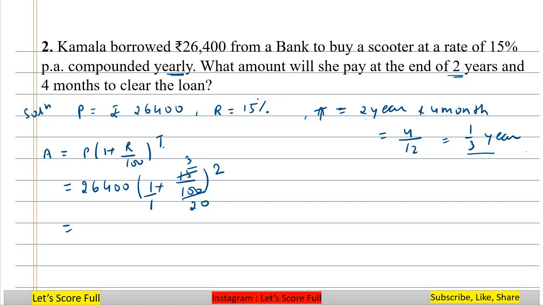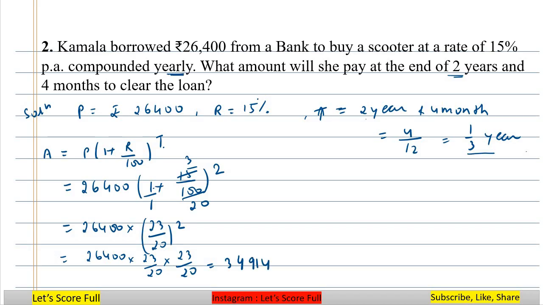Take LCM here. So it will be 26,400 times 20 plus 3, 23 upon 20, whole squared. After solving this, we are getting 34,914 rupees.